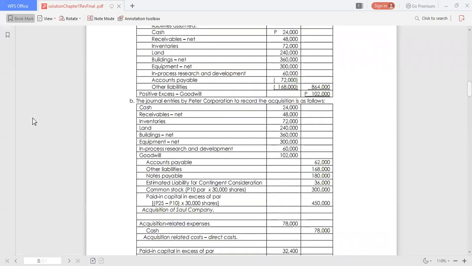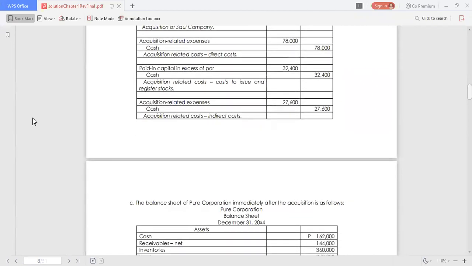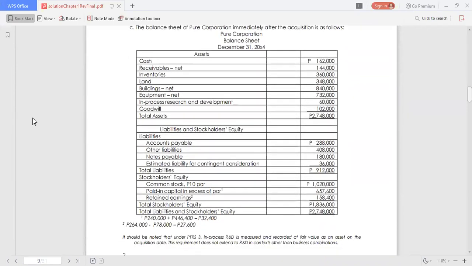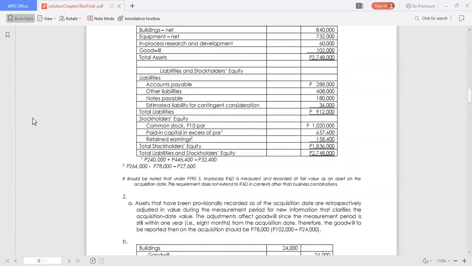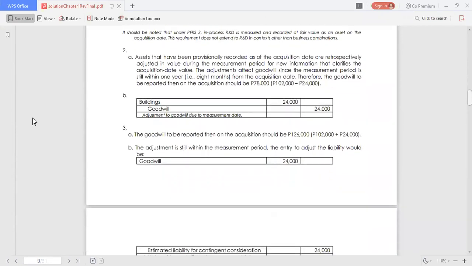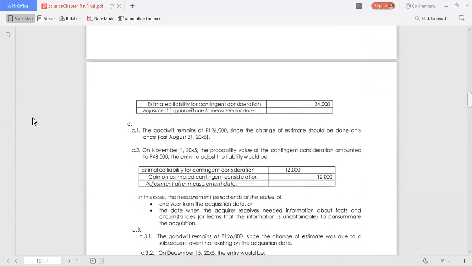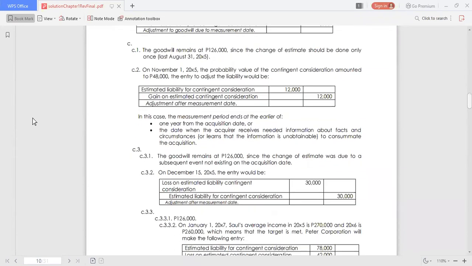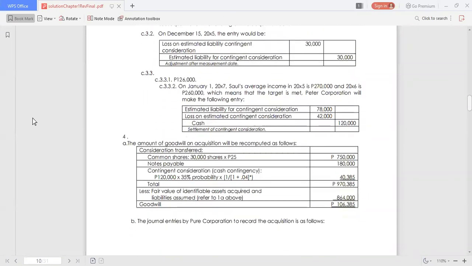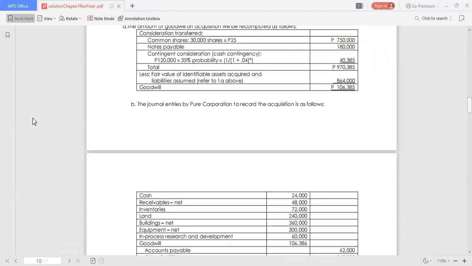Requirement number 1 has sub-requirements. We have requirement number 2, number 3. Number 3 has sub-requirements. Number 4 has sub-requirements.